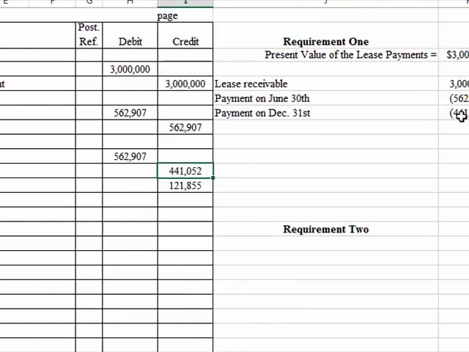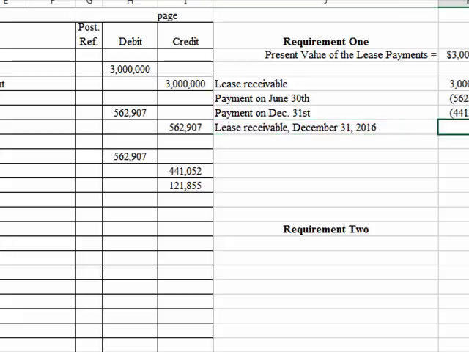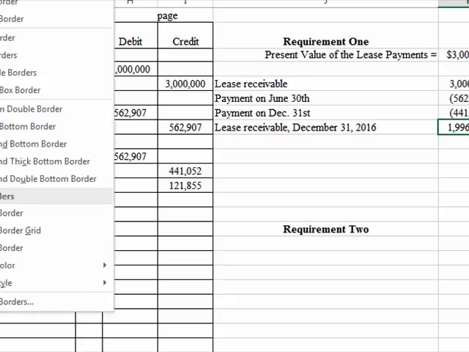Alright, so now let's figure out the balance in the account lease receivable on December 31, 2016. It's going to be equal to the $3 million minus the $562,907 minus the $441,052, which gives us $1,996,041.